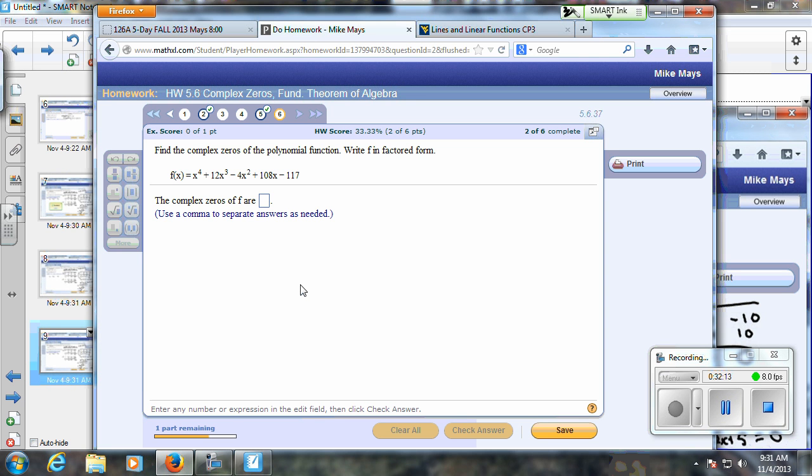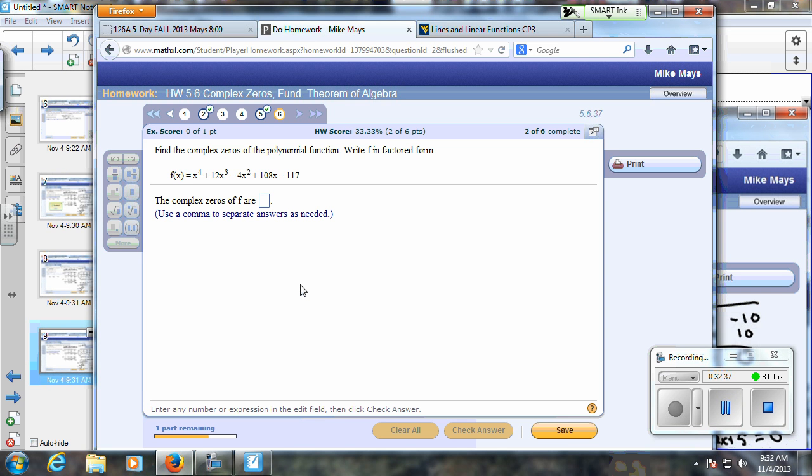And I notice that if I take x equal 1, I'm just looking at the coefficients, and the coefficients are, let's see, plus 1 and 12 and 108, that adds up to 121, and minus 4 and 117, that adds up to 121.